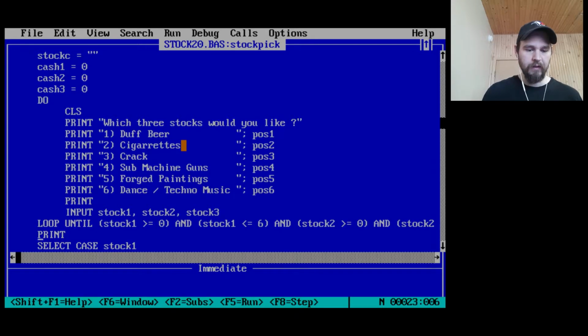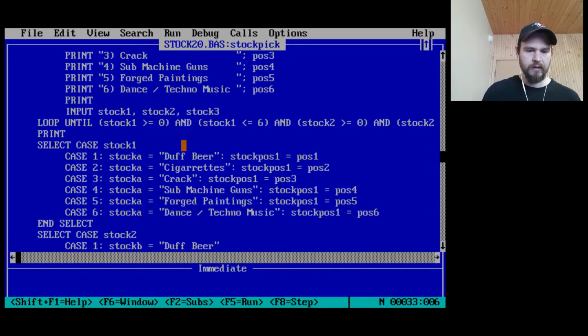Okay. Then, if stock 1 was 1, then stock A. So stock A, B, C are going to be the names of the stocks. And, okay, so I've used the colon to concatenate some lines here. That makes it nice to read. So if I chose 1, stock A becomes Duff Beer, and stock pause 1 equals pause 1. So stock pause 1 is the position of the stock I chose.